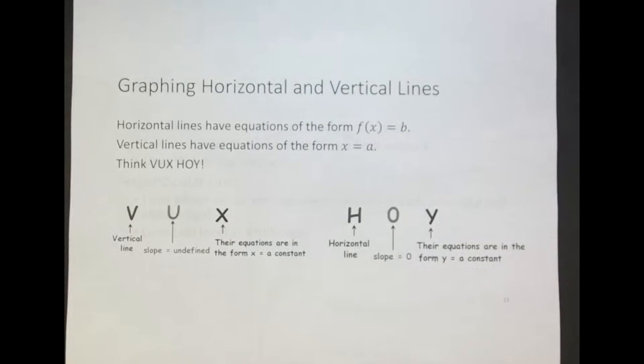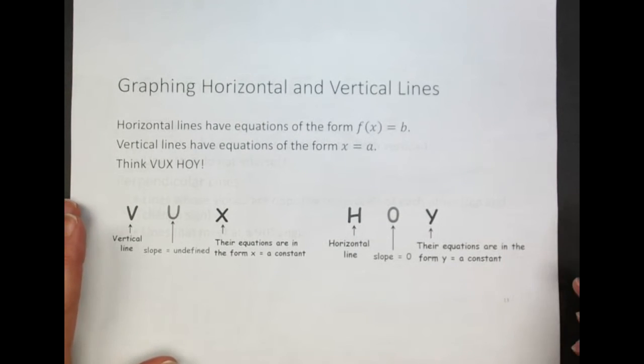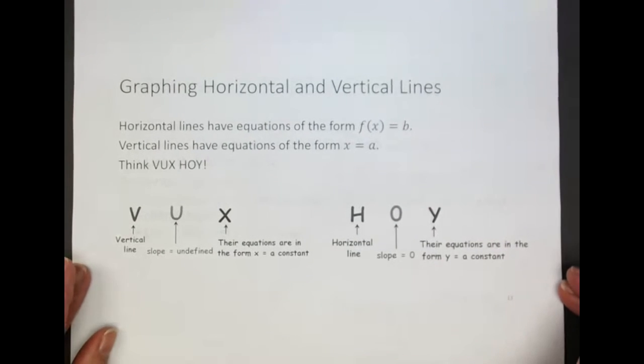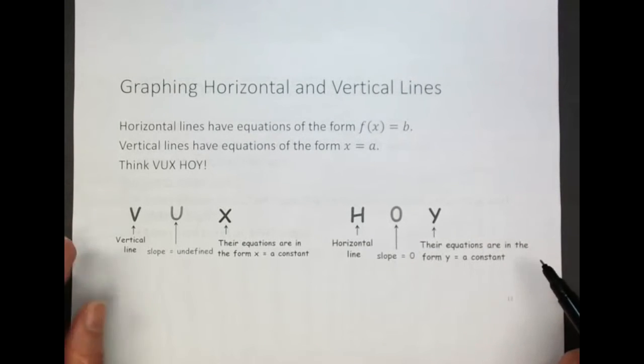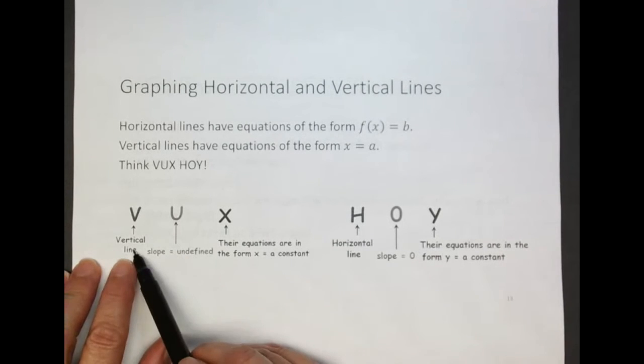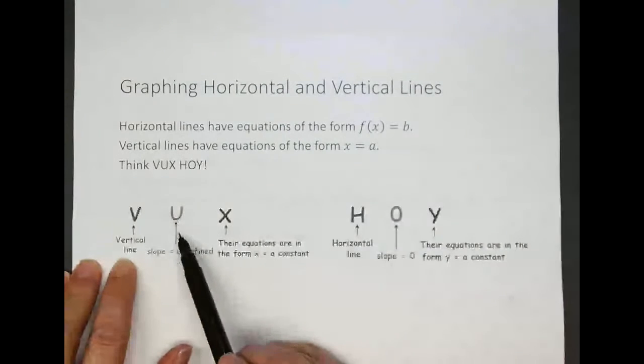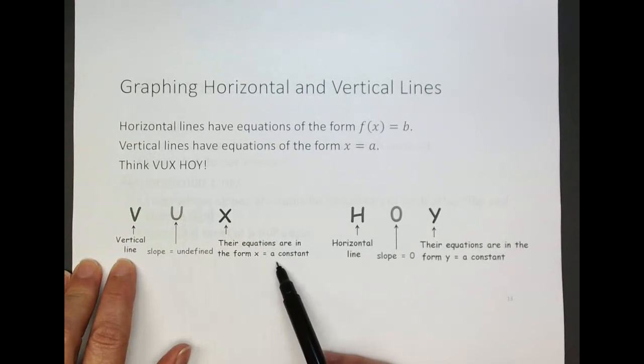All right, a way to help remember horizontal and vertical lines is a little acronym. If you like acronyms, I don't tend to use them much, but someone showed me this once, and so I thought I'd share it with you. VUX-HOI is an acronym that can be used to remember that vertical lines, that's the V, have an undefined slope, and the equation is x equals a, some constant.